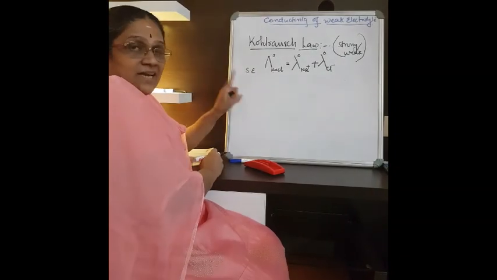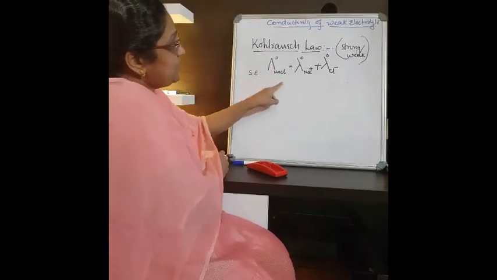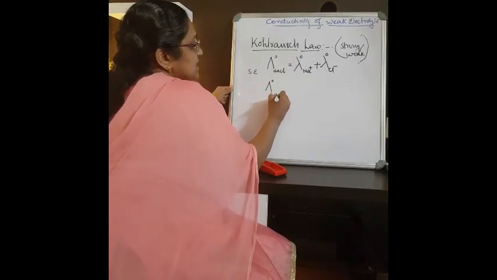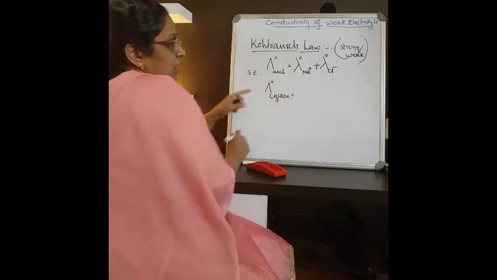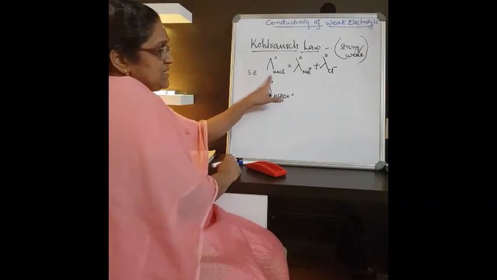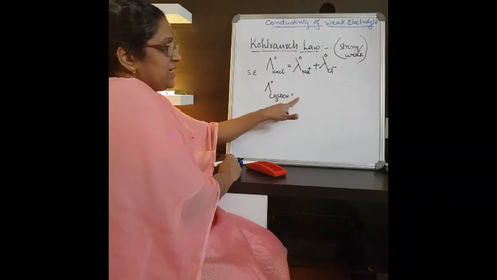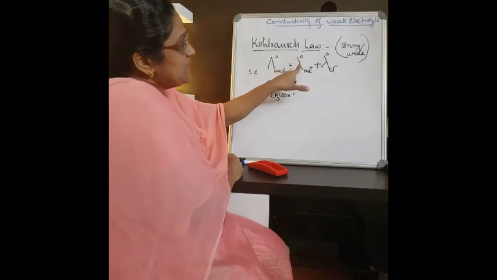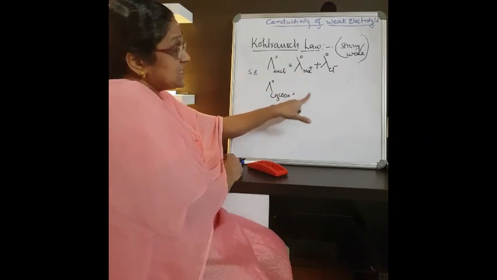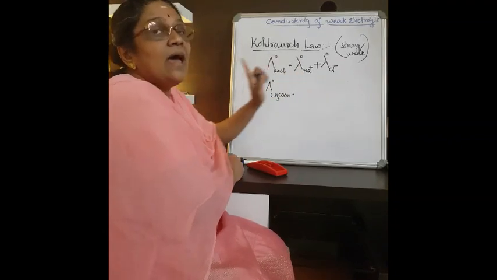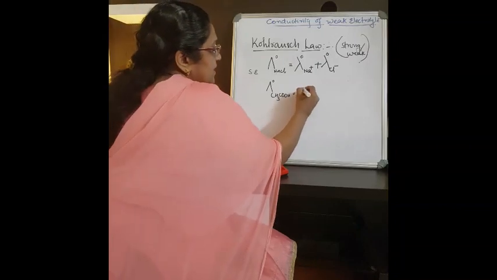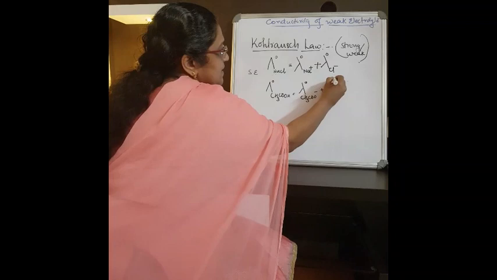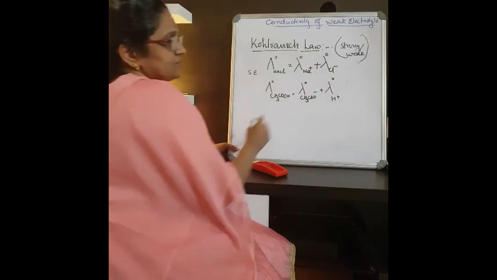For a weak electrolyte like CH3COOH, the limiting molar conductivity is the summation of the contribution of the limiting molar conductivity of the respective cation as well as the anion. It's a simple law: lambda 0 of CH3COO minus plus lambda 0 of H plus.